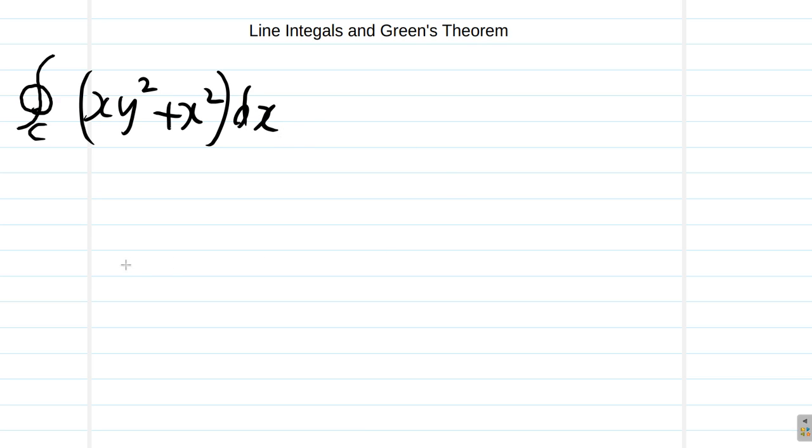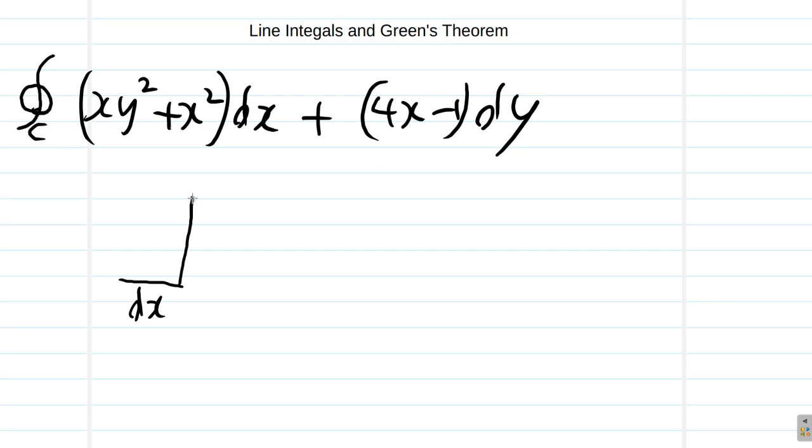That's the horizontal component of the vector, plus 4x minus 1 dy. That's the vertical component of the vector. So the vector would be like this. This is the horizontal component and this is the vertical component of each vector in the vector field.